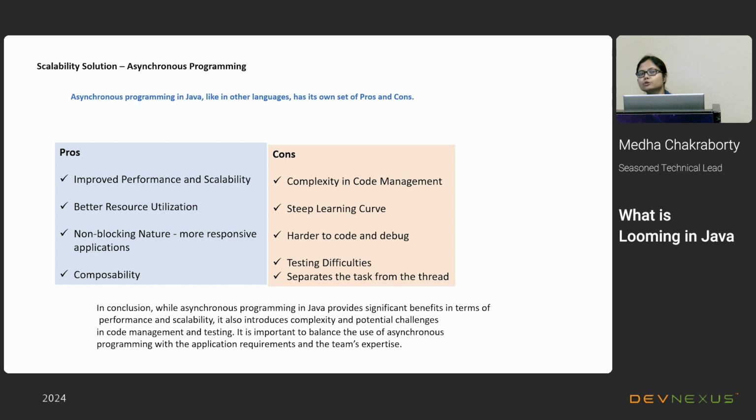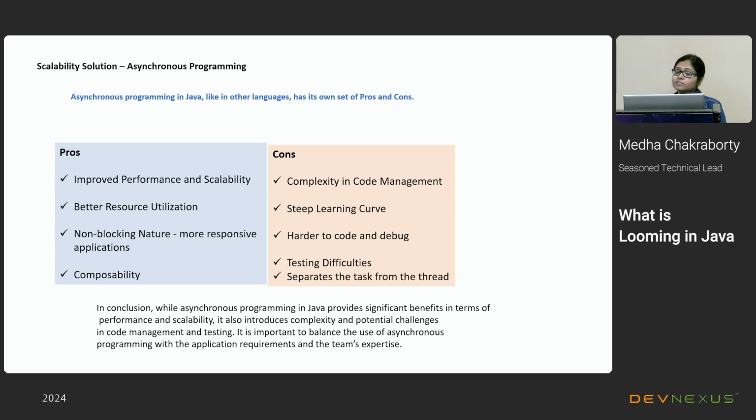And if you are trying to do some computation on top of that, your time is gone. Also, to understand how this complex asynchronous programming behaves, it needs a steep learning curve. It needs some time, right?